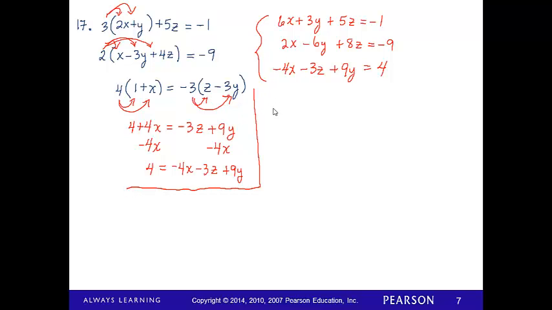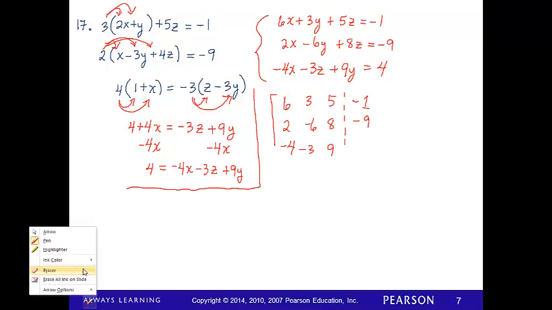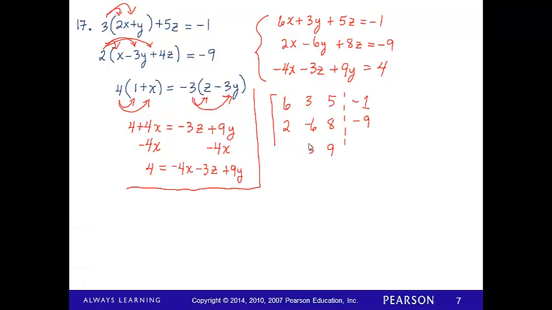So now we can write out our augmented matrix, and it should be 6, 3, 5, vertical bar, negative 1, and then it's 2, negative 6, 8, negative 9, negative 4, negative 3, 9. Oh, we made a mistake, as in I made a mistake.